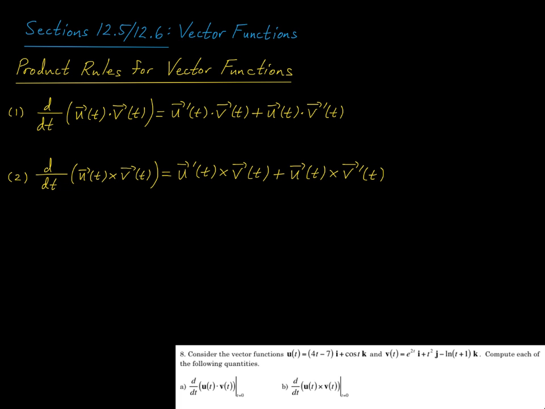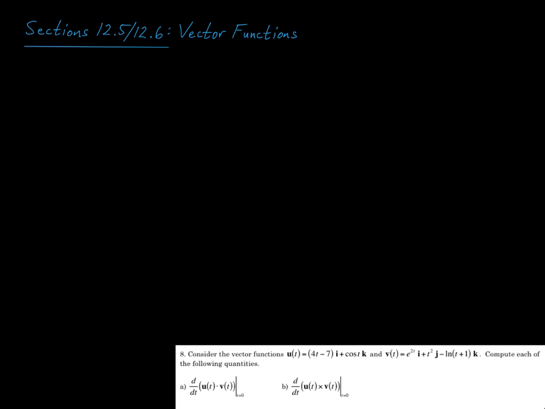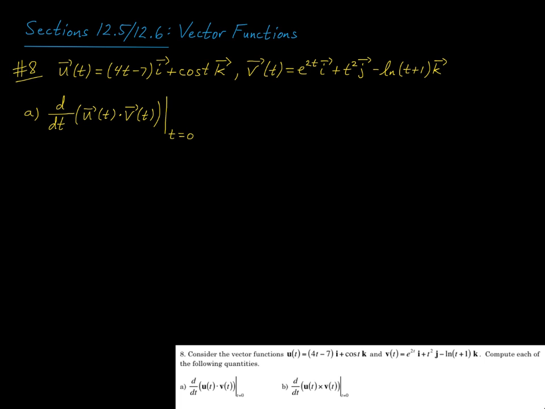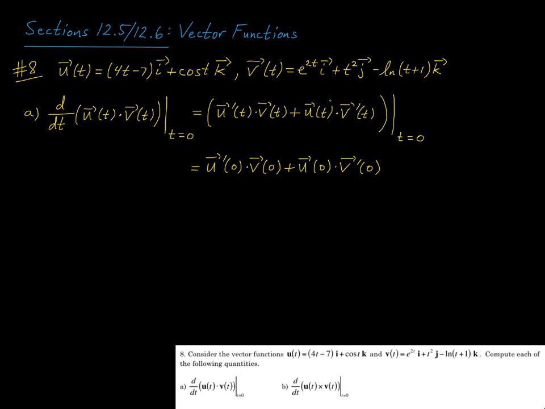All right, so let's go ahead and apply these. So in 8a, I'm going to first note that I'm going to differentiate this dot product so that the product rule applies, and then I want to evaluate this expression at t equals 0. So why am I writing it out in this way?